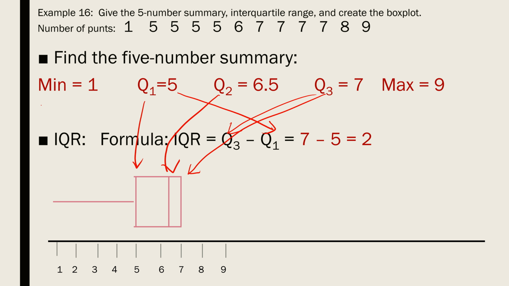Then we locate the minimum value at 1. Then we locate the maximum value at 9. Here we complete our box plot. We can also indicate the mean by using a triangle here.